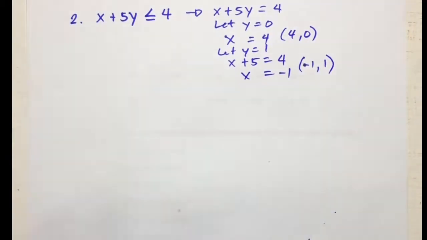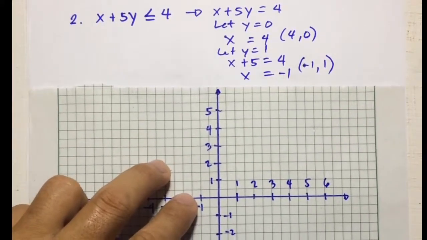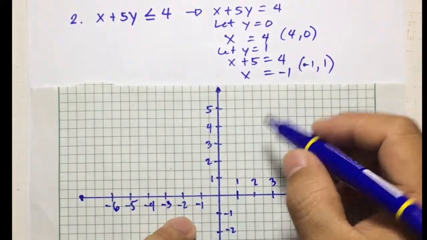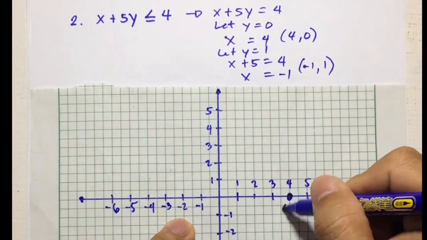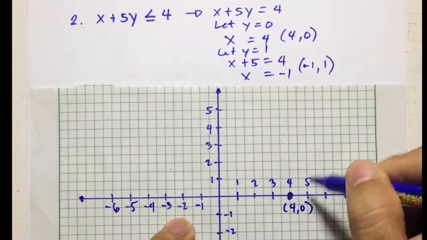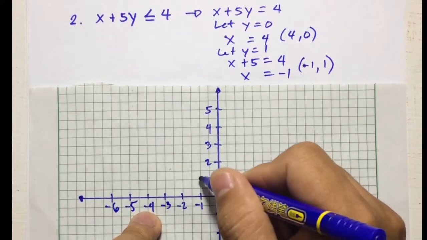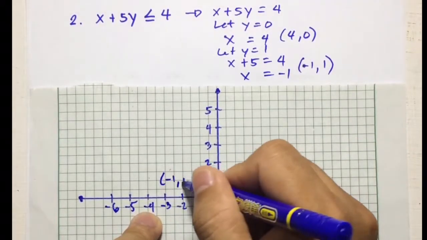Then what we're going to do next is plot these points in a graphing paper. So we're going to have (4, 0), so 1, 2, 3, 4, 0, which is (4, 0) here, and (-1, 1), which is negative 1, 1.